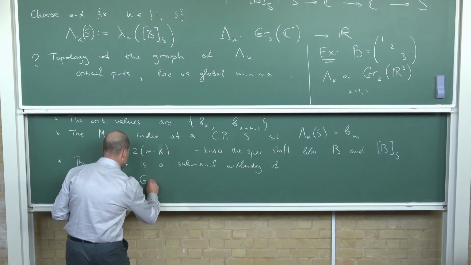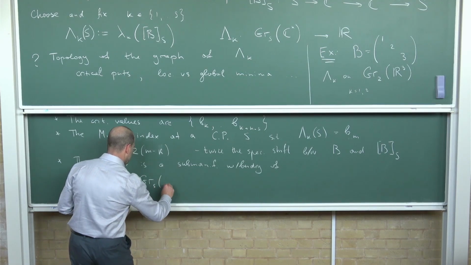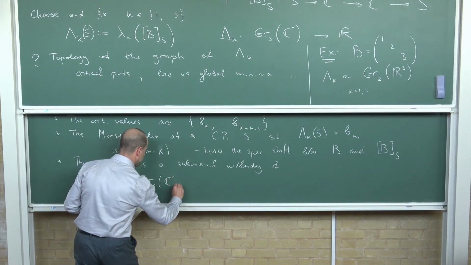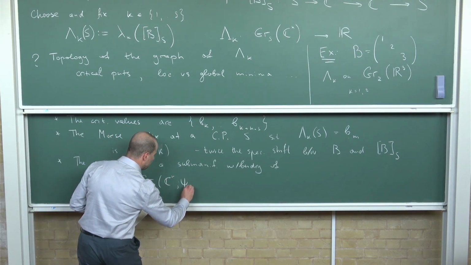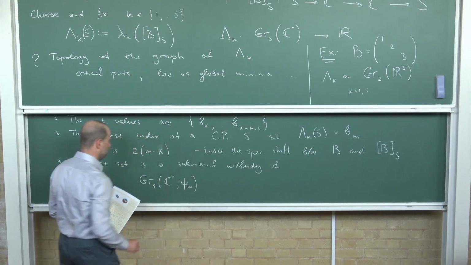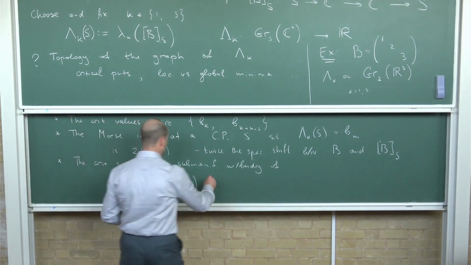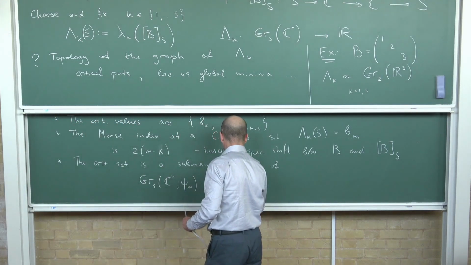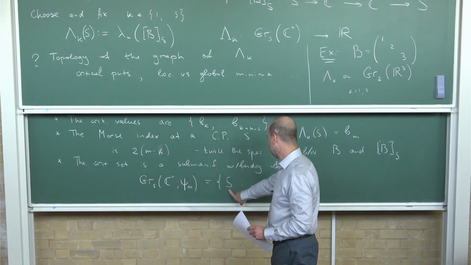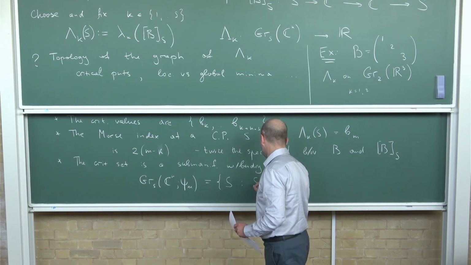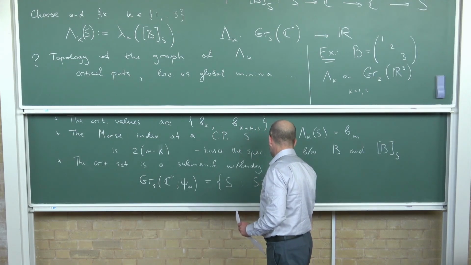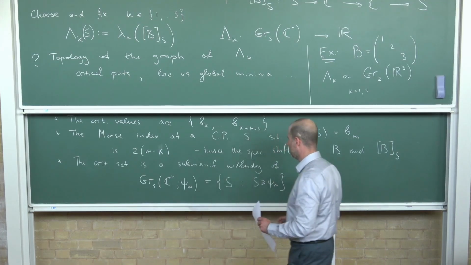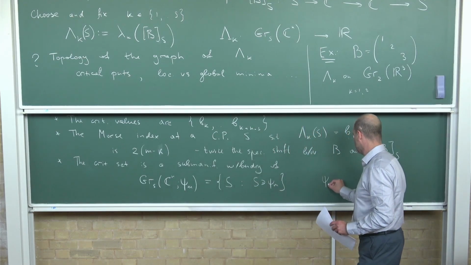So it's the Grassmannian of S, and it depends on the eigenvector psi. It's all my planes S containing the given eigenvector, the psi_m eigenvector.